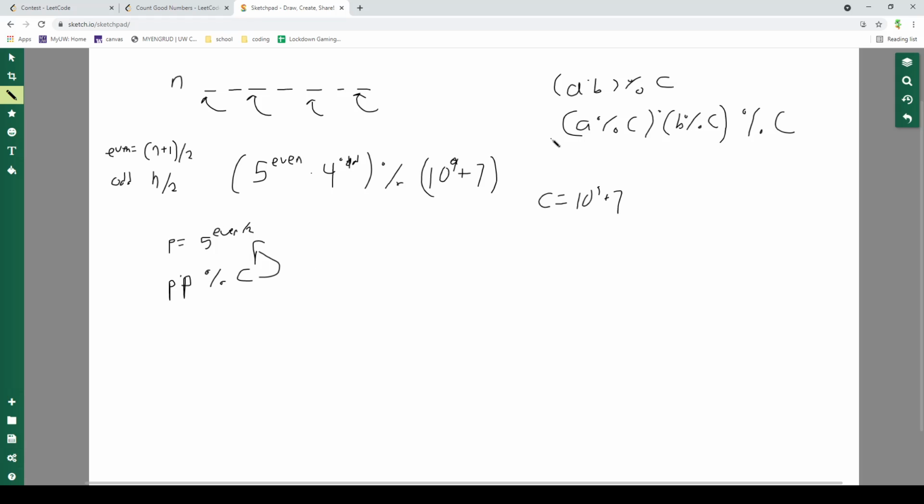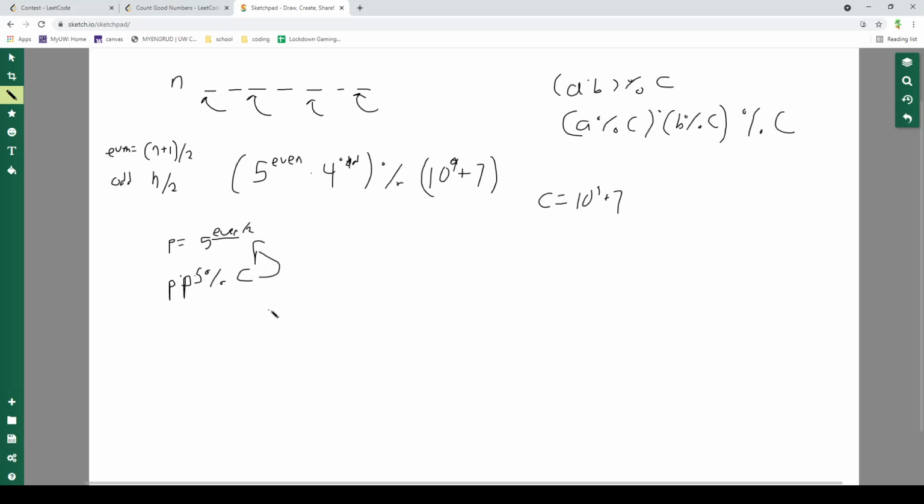So we'll essentially be performing this modulus operator every single time we double the power. And we just need one more check here. If this number is not divisible by 2, we need to multiply one more time by 5, because we're raising 5 to the power of even.